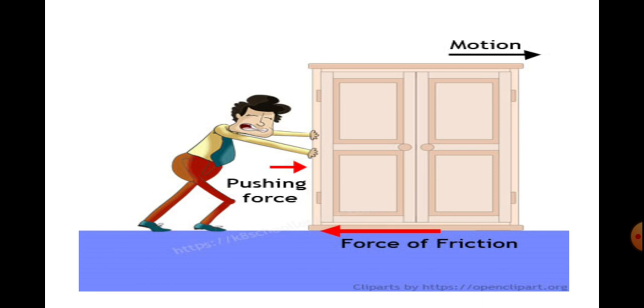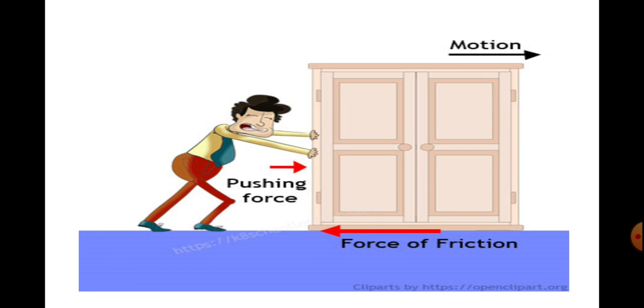Friction will always occur between two surfaces which are in contact with each other. For example, when we are pushing the heavy box kept on the floor, the force of friction occurs between the surface of the floor and the bottom of the box. And in the case of the rolling ball, when the ball is rolling on the ground, the friction occurs between the surface of the ground and the surface of the ball.